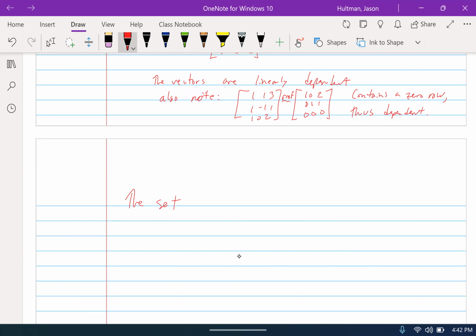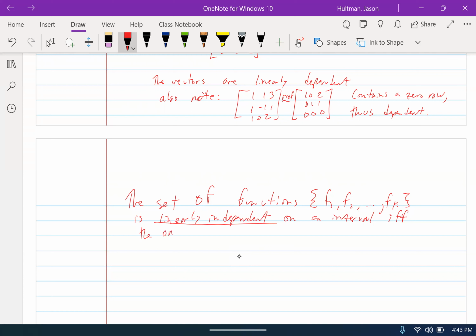Okay. The set of functions f1, f2, ..., fk is linearly independent on an interval if and only if the only solution to the equation... okay, these are equations now, not vectors, so keep that in mind.